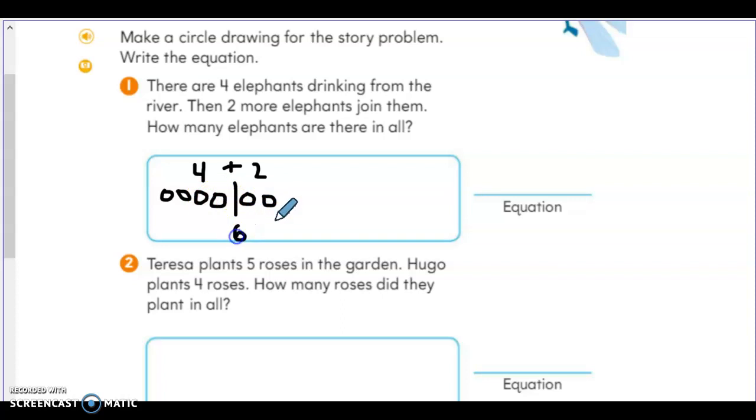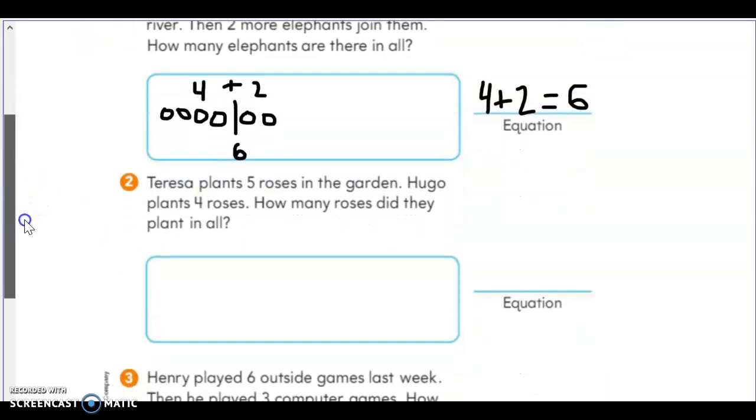We're going to take our equation over here to the side, write our partners first. 4 plus 2 equals 6. All right, I'm going to have you take a look at the next one.